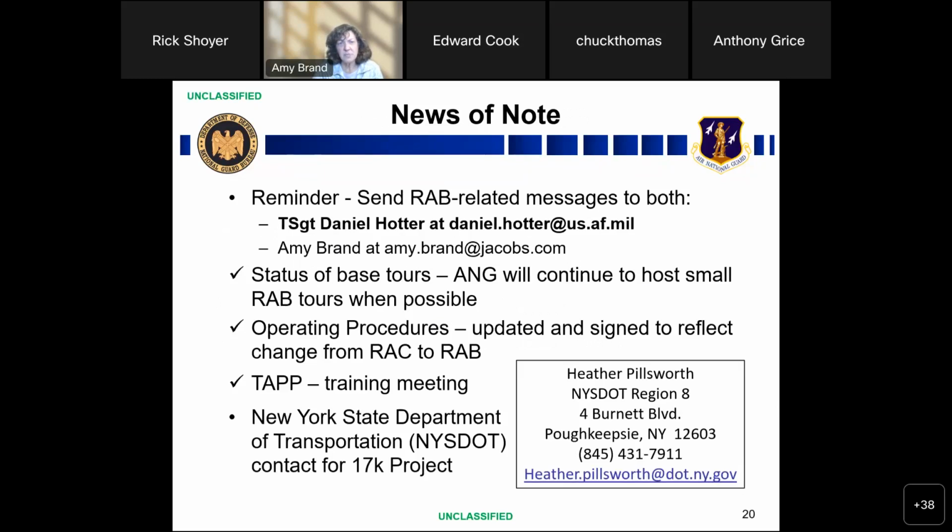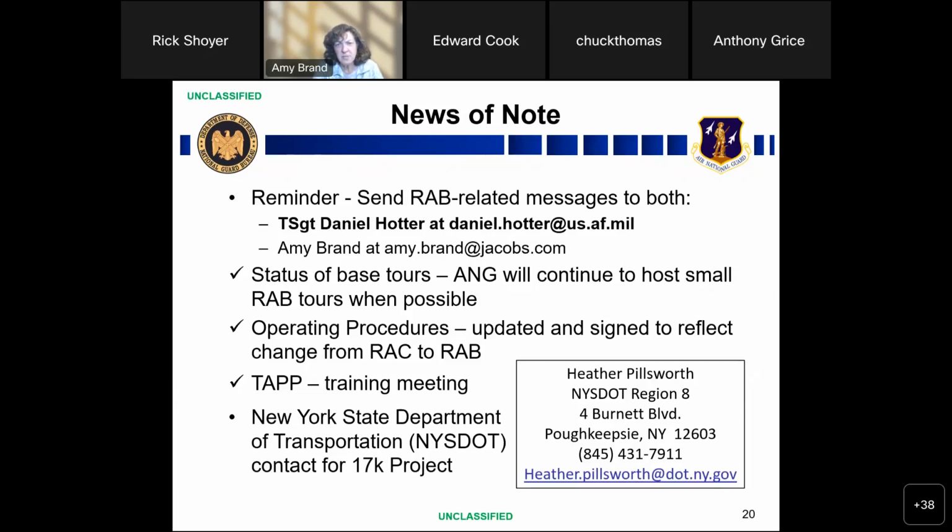As Colonel Cook was just presenting, we just had a base tour in August, and the Guard will continue to host small RAB tours whenever possible. I don't know if there's interest in another tour before the weather turns worse in the winter, but I know they'll certainly consider hosting one if there's interest. So just let us know.